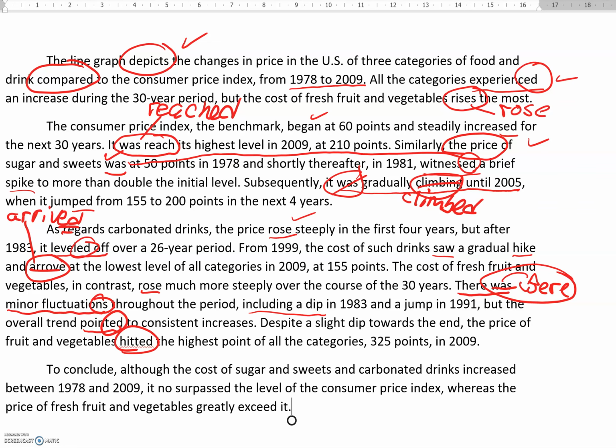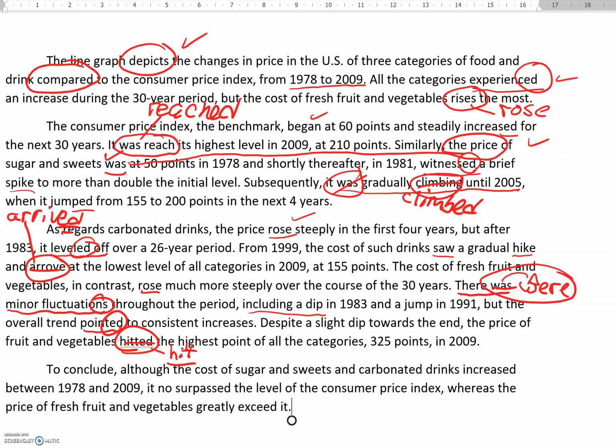Well, the writer is correct that we need to use past tense, but the past tense of hitted is hit. It's one of those irregular forms where it actually doesn't change from present to past. Okay, so hit in the present, but hit in the past as well. Okay, hit the highest point of all the categories, 325 points in 2009.